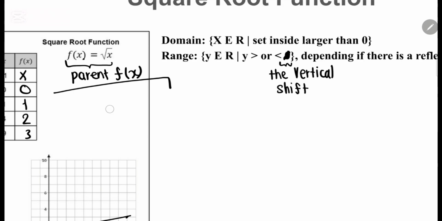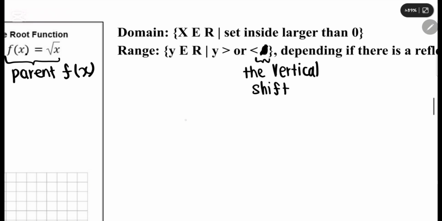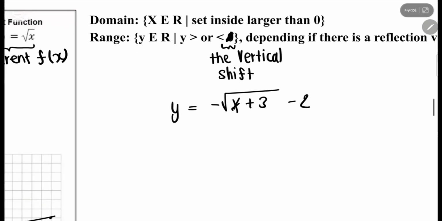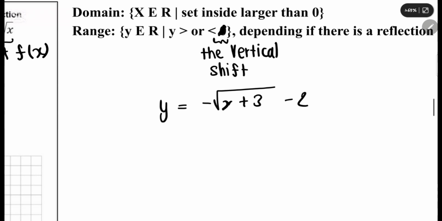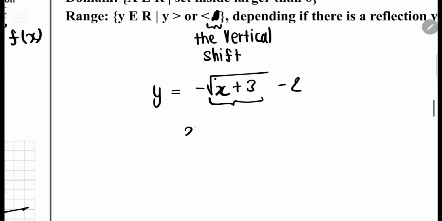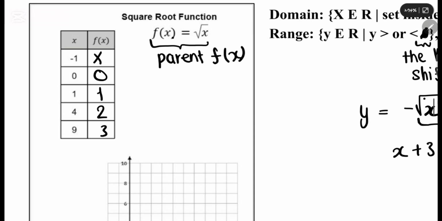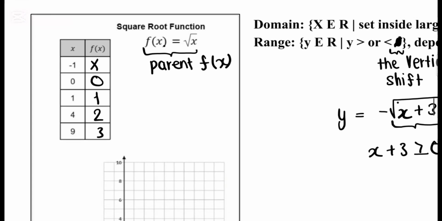But in general, the rule for this type of graph is that let's say you have y equals negative root of (x plus 3), minus 2. Okay, so for the domain of this graph, you're extracting the whole thing inside the root, so x plus 3, and you're setting it bigger or equal to 0, because as you guys see in the table values, you can square root any real number as long as it's bigger or equal to 0.